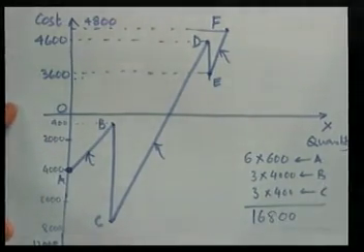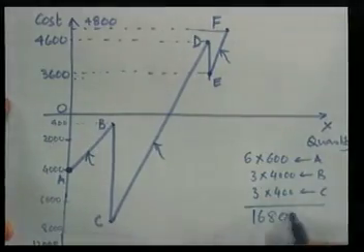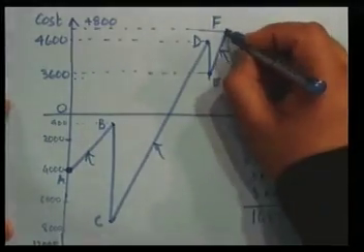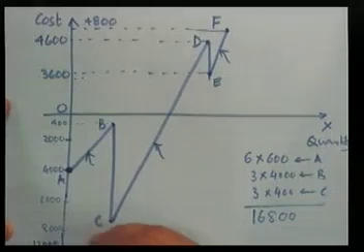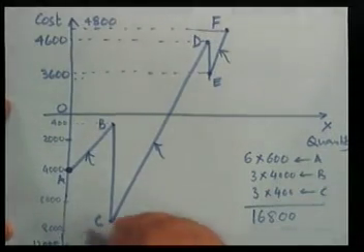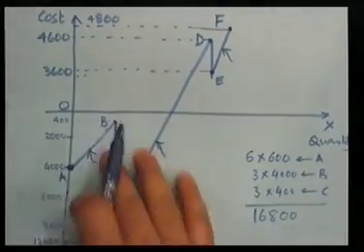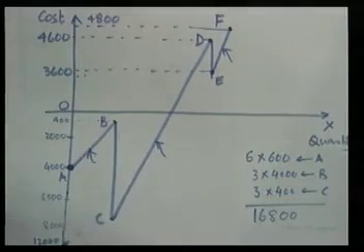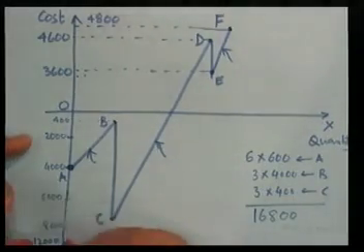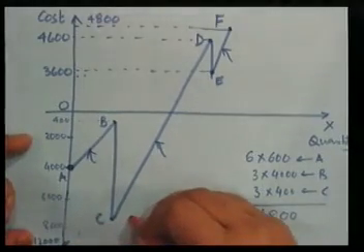That will be on the positive side because 16,800 less 12,000 is 4,800. So, it is like this, and I can draw a line like this joining this point and the last point F. So, something like this.